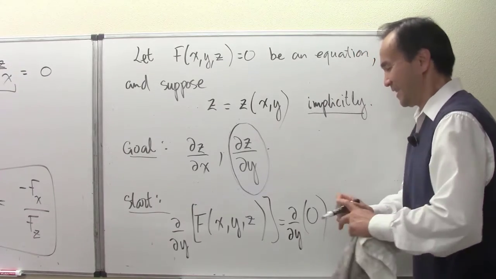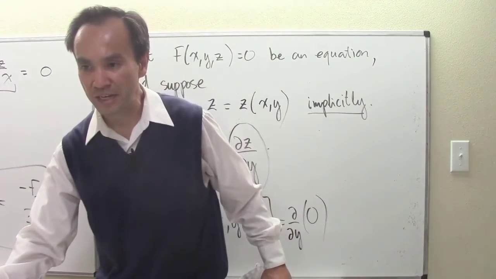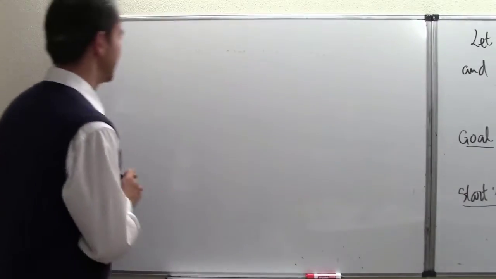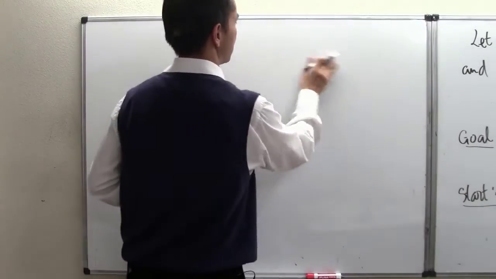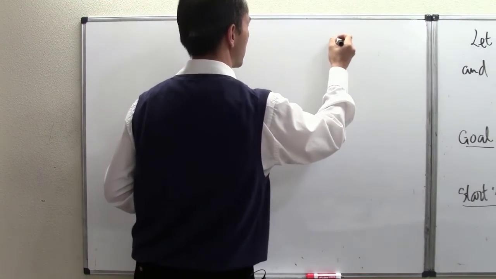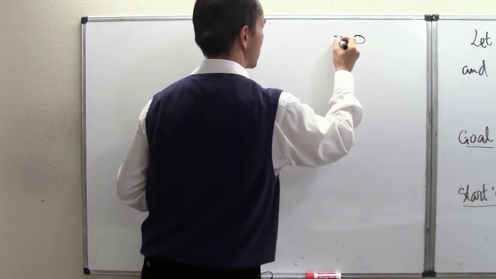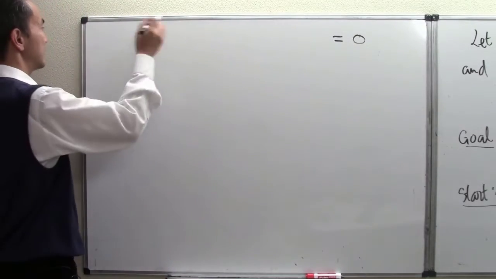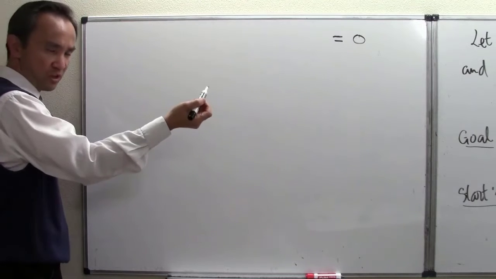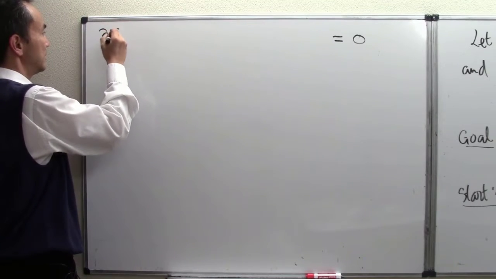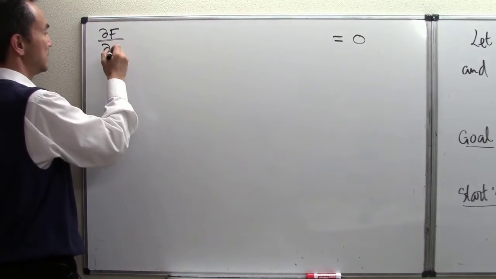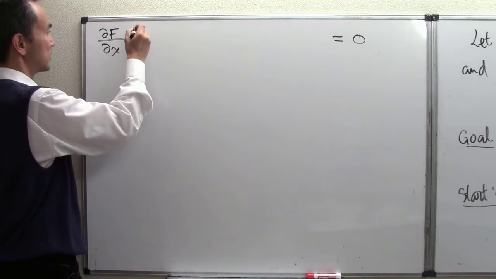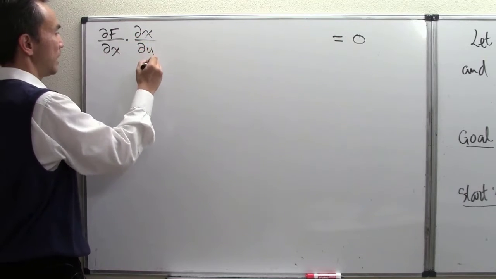All right. So now I'm really going to advance to my other board, and this time I can start picking up the pace a little bit. All right. So right from the equation of the previous step, equals 0 on the right hand side is of course a must. Now on the left hand side, this is what we're going to have. Chain rule again. df dx, multiplied with dx dy.